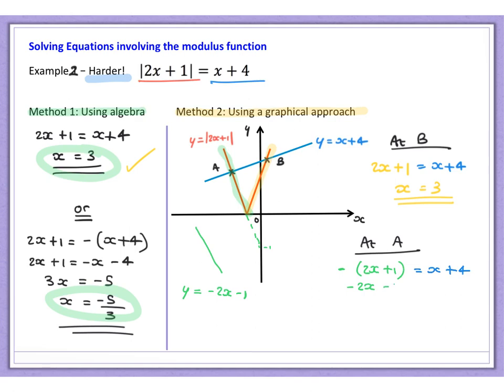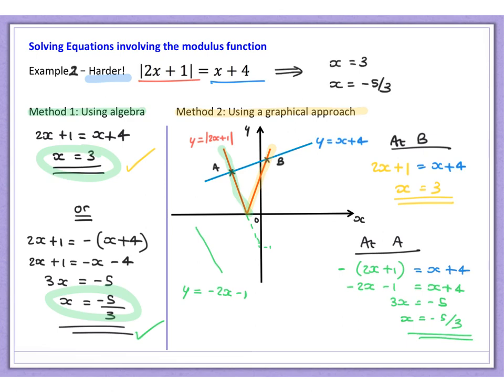So negative 2x minus 1 equals x plus 4. Keep rearranging it. 3x is equal to negative 5. x is equal to negative 5/3, which again we've seen over here. So the two answers to this equation are x equals 3, the root at point B, and x equals negative 5/3, the root which is at point A.